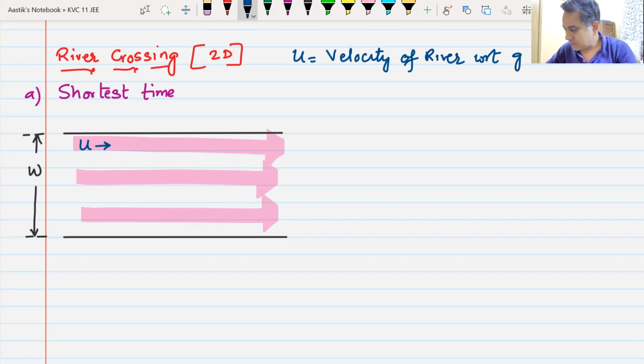With respect to ground. It would be the velocity of river with respect to ground.